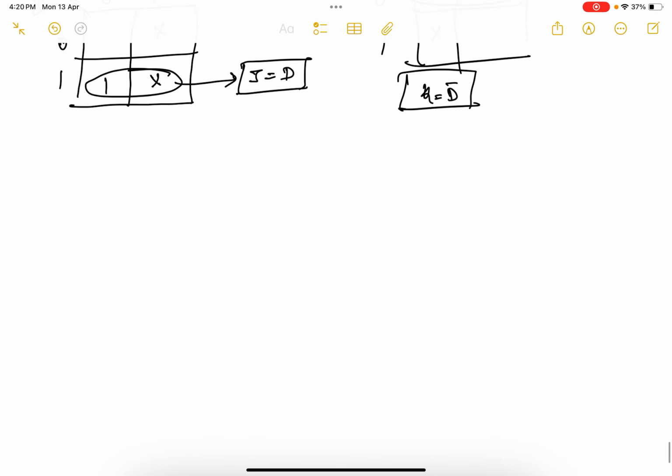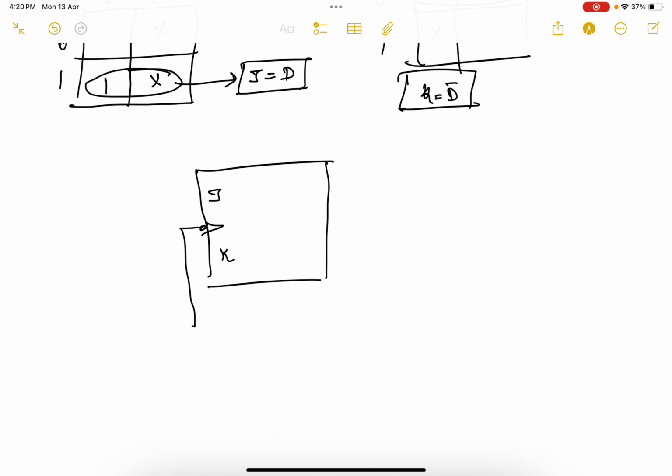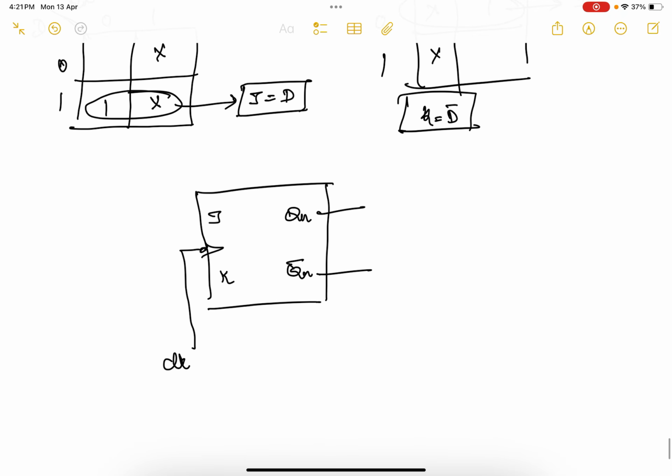Now your JK is converted into D. So how will you convert your JK into D? First draw the block diagram of your JK with a negative edged clock, which will have 2 outputs, one is Qn, another is Qn bar. Now J should be connected to D, and K should be connected to D bar, so I am taking an inverter.